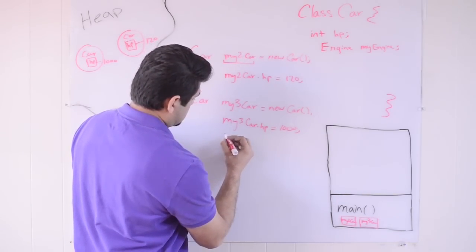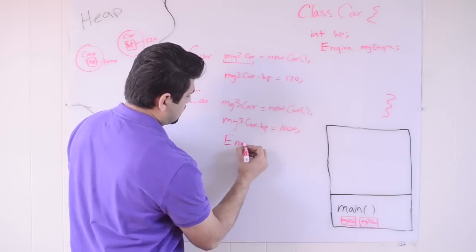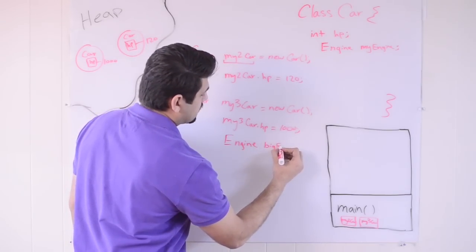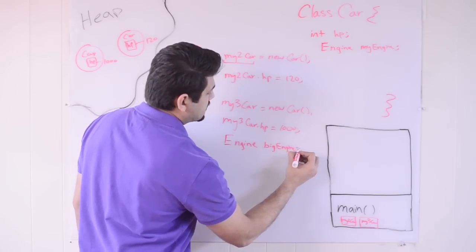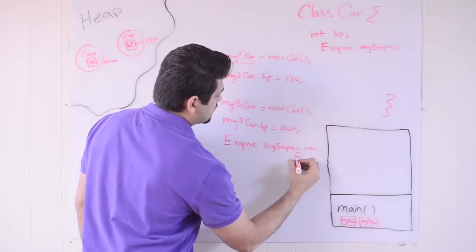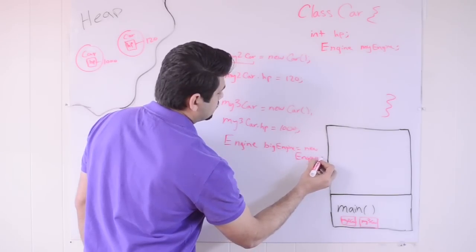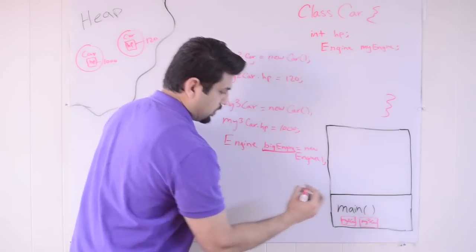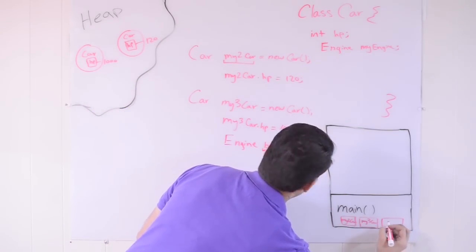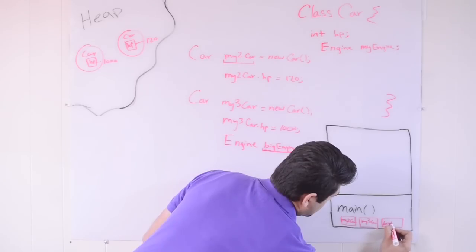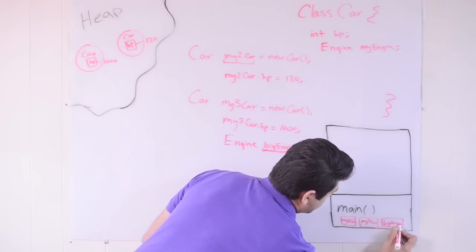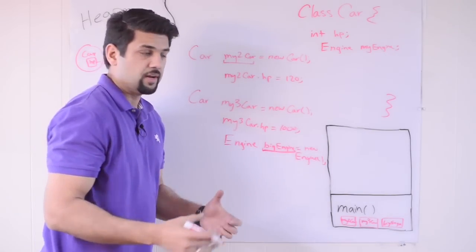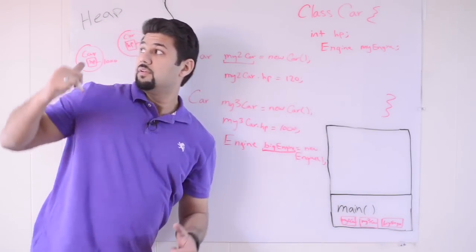It's going to be the same approach, of course. Engine, we can call it big engine is equal to new engine. And since we're in the main here, this variable needs to be placed in the stack frame, called big engine. And of course, this new command, new engine, creates an object, so that object will appear here on the heap.